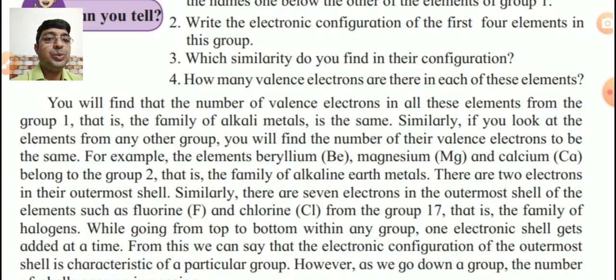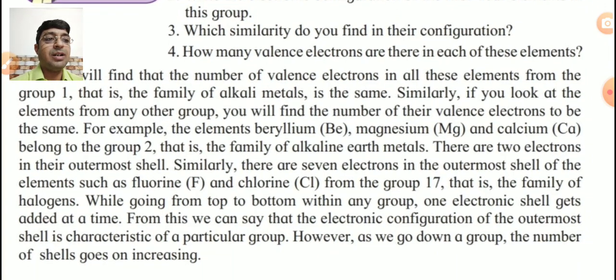There are 2 electrons in their outermost shell because the group number is 2. So the group number indicates the number of electrons present in the outermost shell, that is, the valence electrons. Similarly, there are 7 electrons in the outermost shell of elements such as fluorine and chlorine from group number 17, that is the family of halogens.